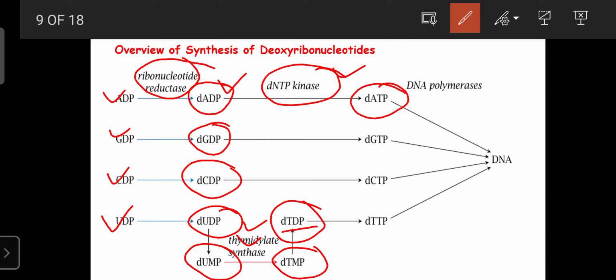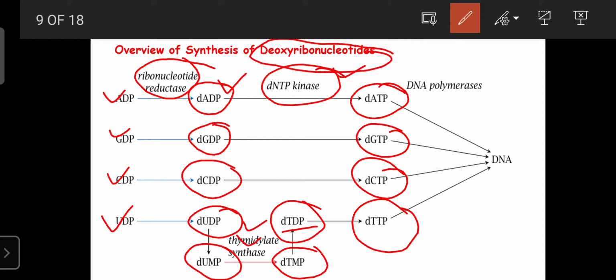And so like that, dGTP, dCTP, and dTTP are formed. So like that, the deoxyribonucleotides are formed from the ribonucleotides in the presence of the ribonucleotide reductase enzyme as well as the dNTP kinase enzyme, then as well as thymidylate synthase enzyme.